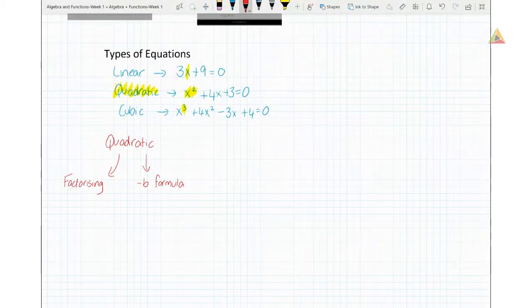And sometimes we can also solve quadratics graphically. So if we have a picture of the graph of the quadratic function, we can solve it using that graph. We're going to talk a good bit today about the minus b formula and graphically, and we're going to interlink both of those.